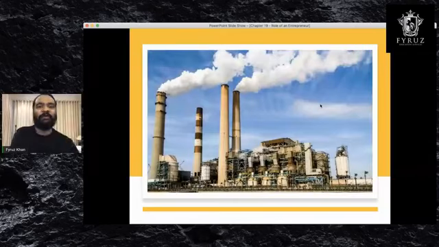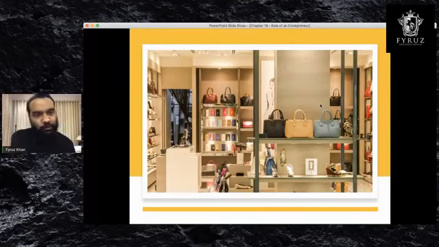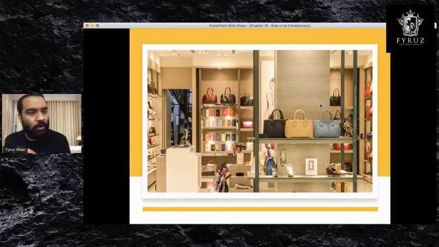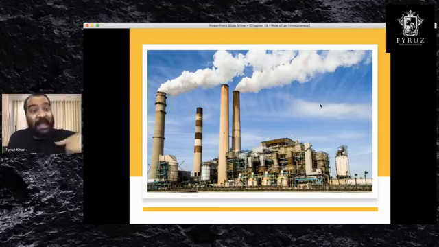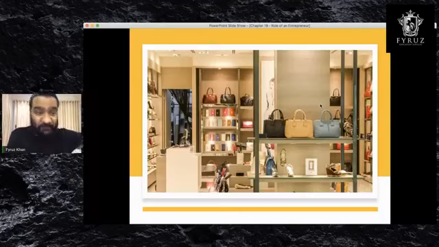I'm showing you these pictures because think about a manufacturing industry, and think about a retail store, which is a tertiary sector, or popularly can be called a service sector. The way finance is managed in a manufacturing industry and in a tertiary sector is different.